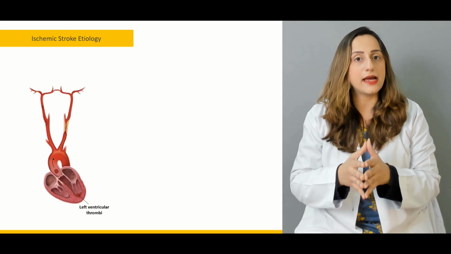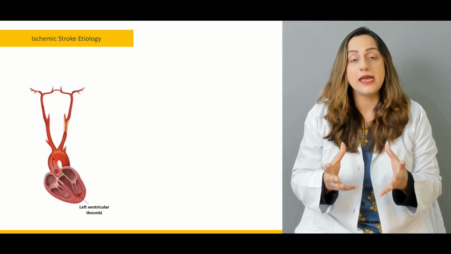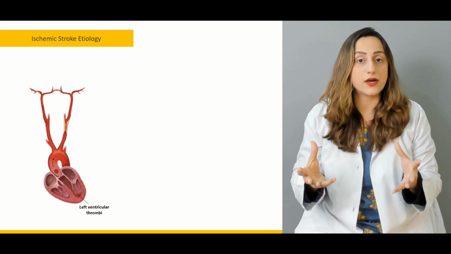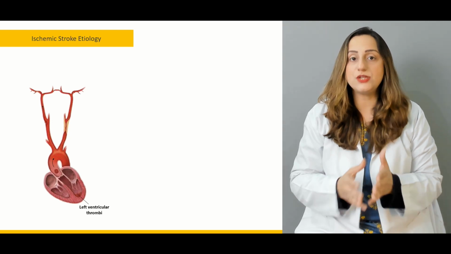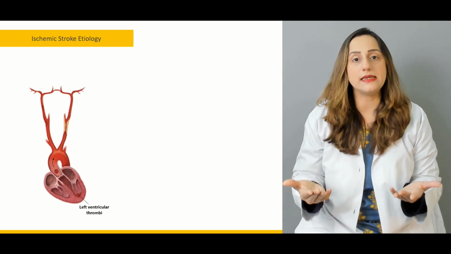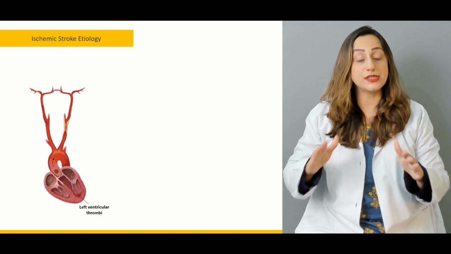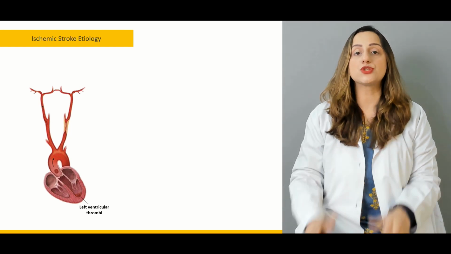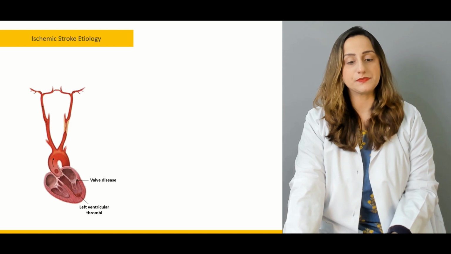On the other hand, the most common cases we observe in our clinics are the left ventricular thrombi that eventually travel to the carotid circulation, and then finally pass on to the cerebral circulation. This route is one of the most common routes that we come across.